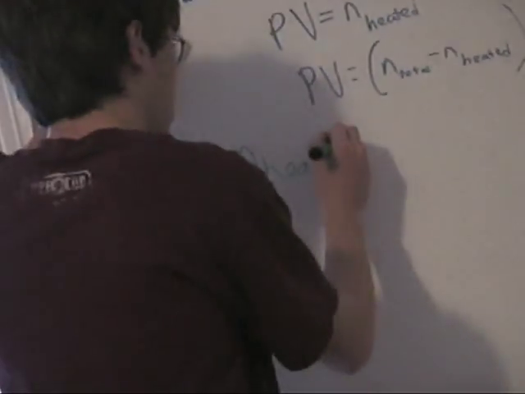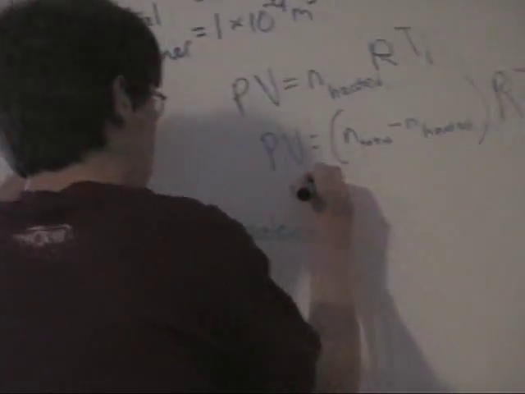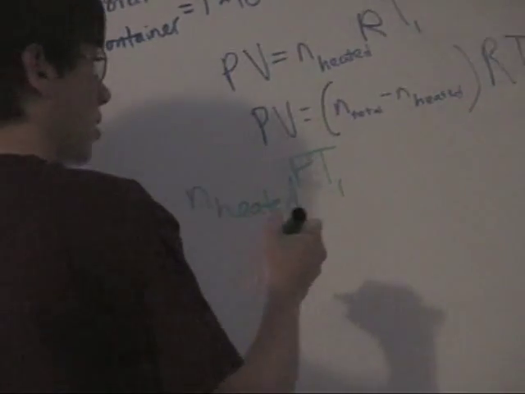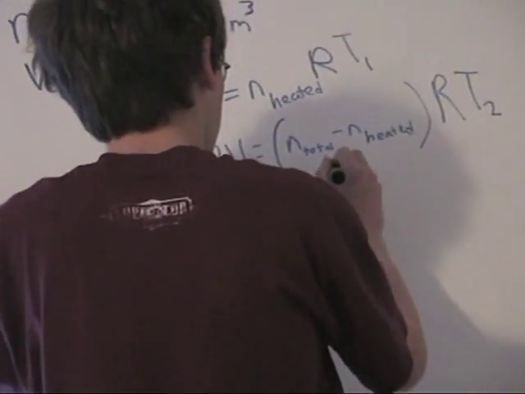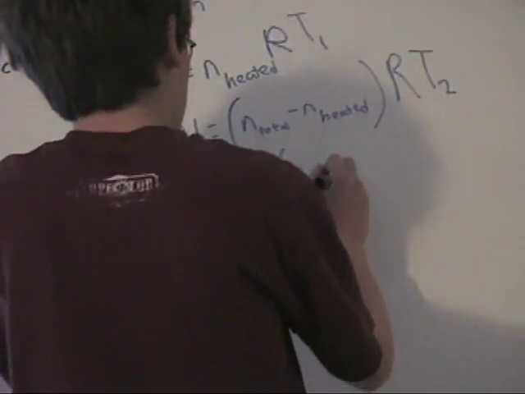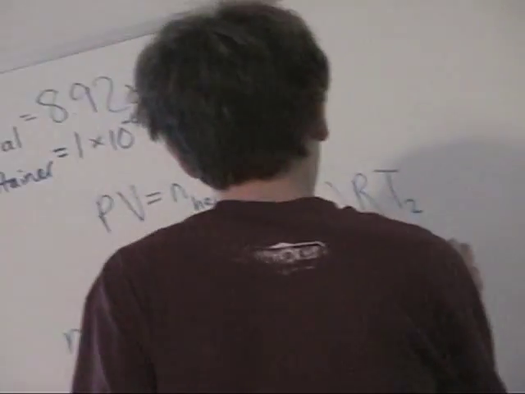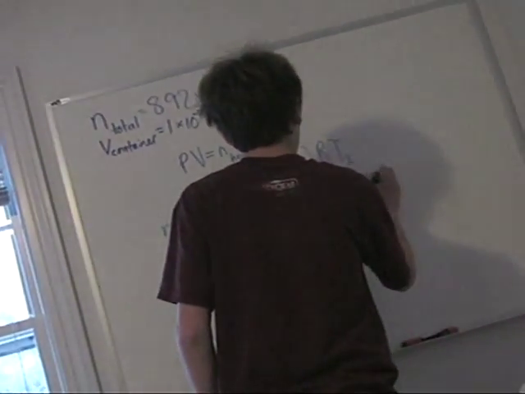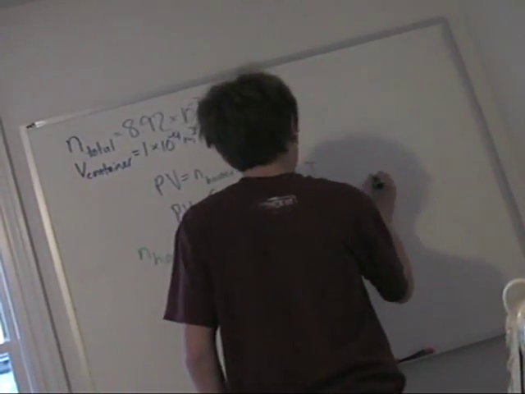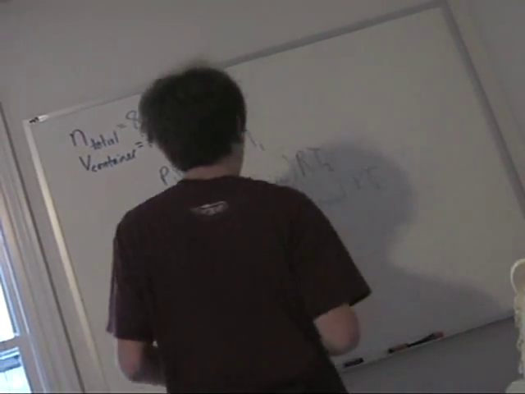N heated RT1, where T1 is the temperature in the heated container, equals N total minus N heated times R times the temperature in the non-heated container, the one that's kept at 0 degrees Celsius.